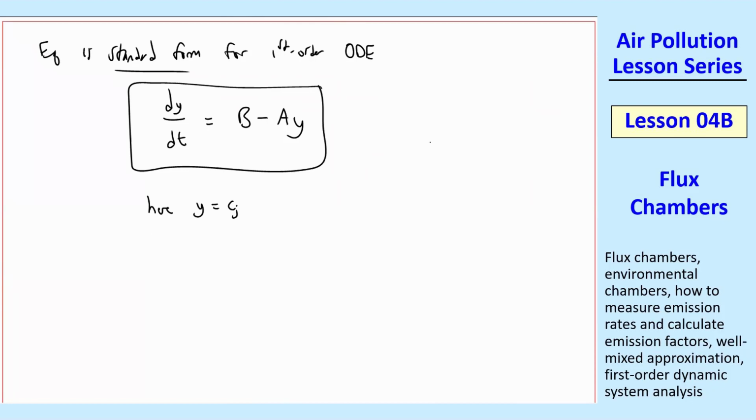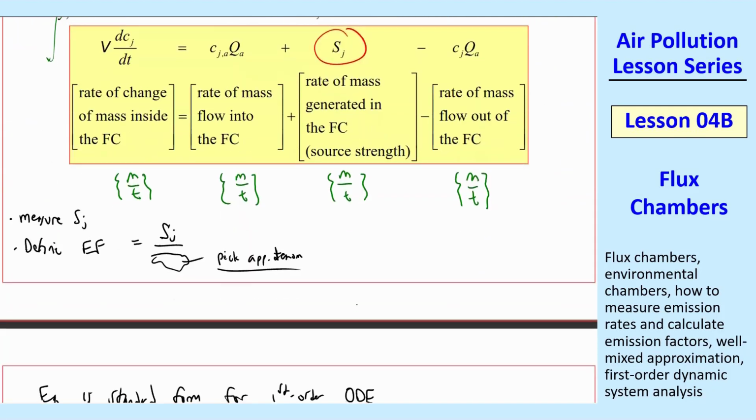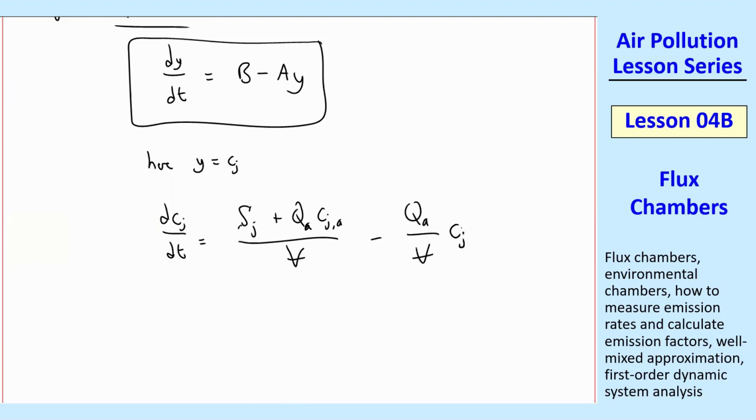Whatever is the variable that's a function of time, we can use this. And so we'll write this equation again, this equation from here. I'm just going to divide through by volume V so that I get a dy/dt, in this case dCJ/dt, on the left. So here we have dCJ/dt equal to, and I'm going to group all the terms that do not have a CJ in them. That's SJ plus QA CJ,A divided by volume, minus, and then all the terms that do have a CJ in them, QA over V times CJ.